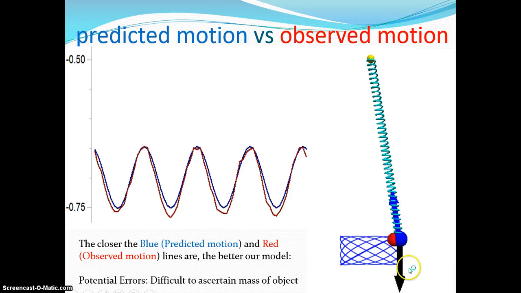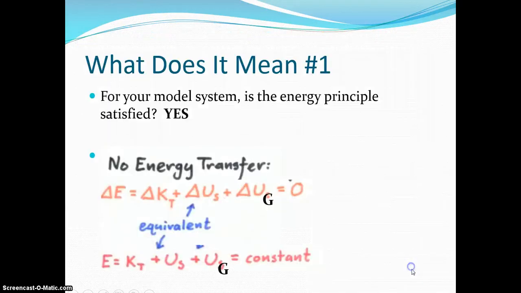Note here that this black arrow represents a constant force of gravity, whereas this blue arrow represents a changing force of our spring, or spring force. So the magnitude of the blue arrow was changing, whereas the black arrow was constant.